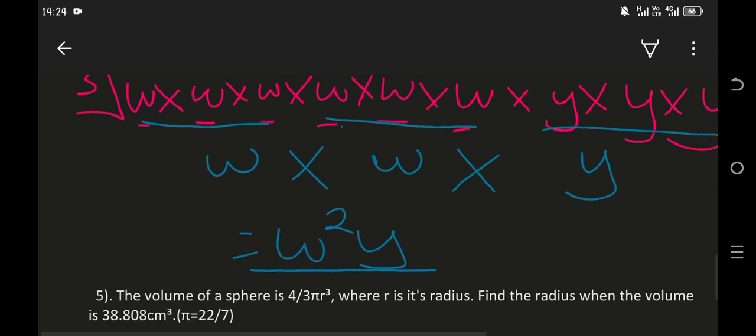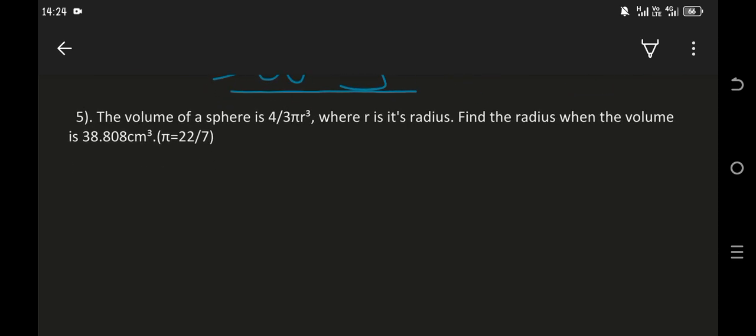And finally, the last example, which is a word problem. The volume of a sphere is 4 over 3 pi r cubed, where r is the radius. Find the radius when the volume is 38.808 cubic centimeters.